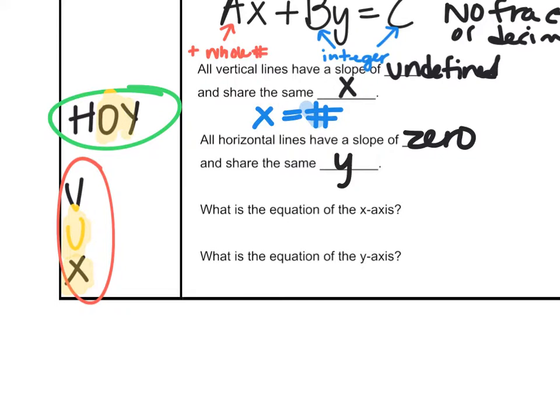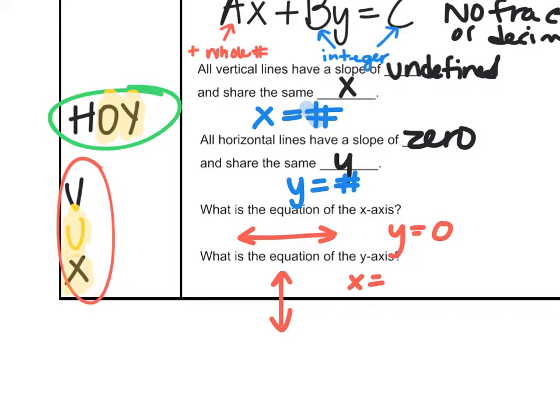Slope of 0, share the same y, and so they are y equals a number. So the x-axis is horizontal, which means it's going to be y equals, and the y that it always goes through is 0. Whereas the y-axis is vertical, so it's going to be x equals and the x that it always goes through is 0.